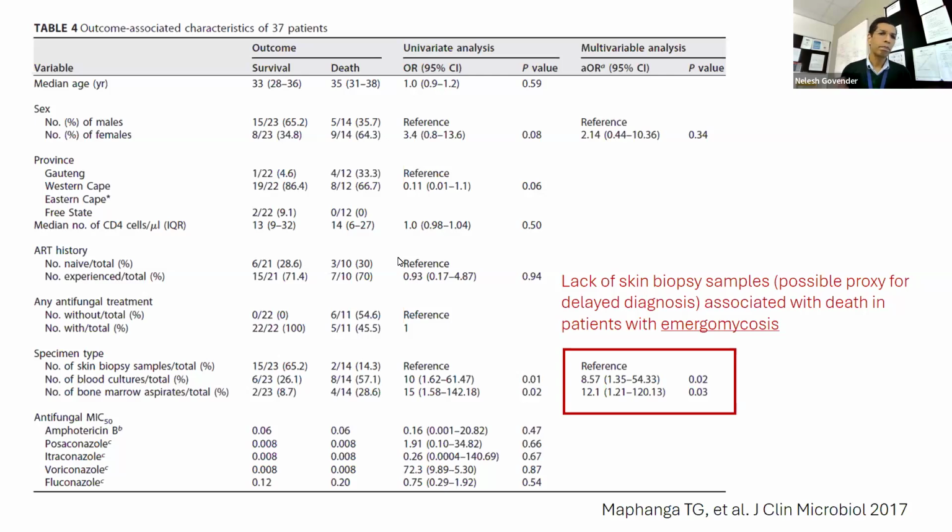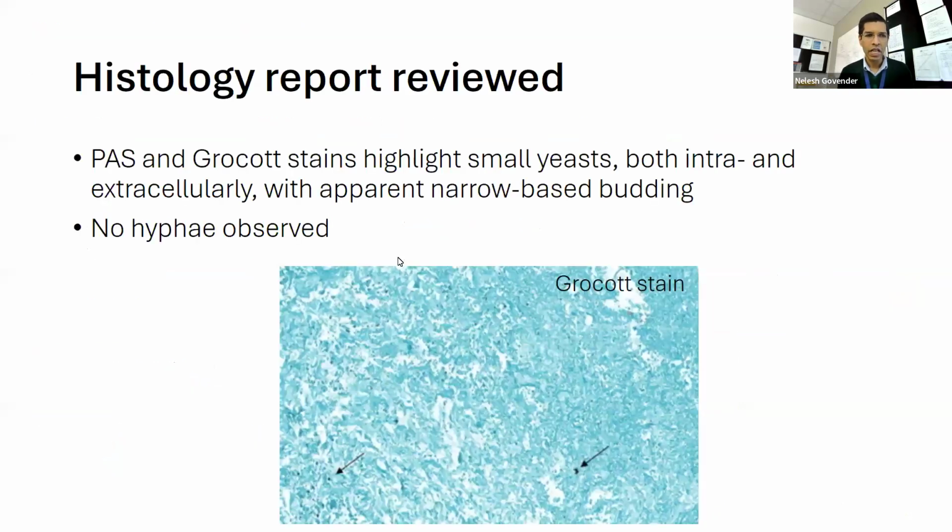And this, of course, is a possible proxy for delayed diagnosis, because if someone does not have those typical skin lesions, then clinicians are less likely to think about emergomycosis or histoplasmosis. So if you've got emergomycosis diagnosed only, for instance, on positive blood culture or positive bone marrow culture, the outcomes might be somewhat worse.